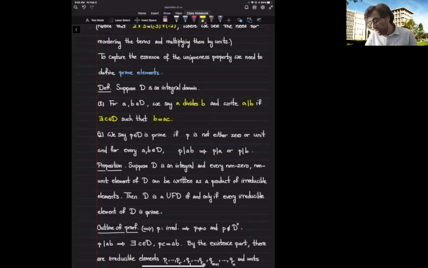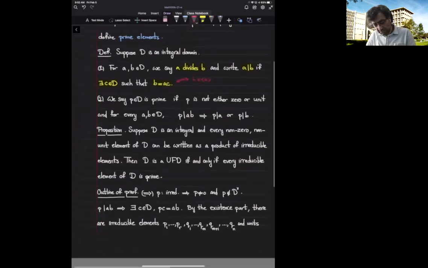In the language of ring theory, we know that the principal ideal generated by a consists of multiples of a. So this is equivalent to saying that b belongs to the ideal generated by a. We'll come back to this comment later, and I record it as a lemma. But for now, let's go and define what a prime element is in an integral domain.